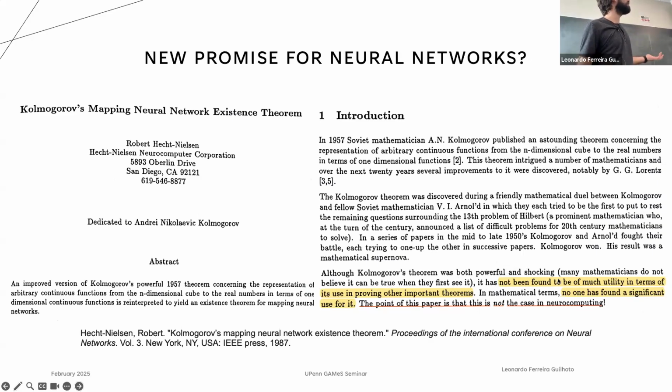It has not been found to be of much utility in proving other important theorems. In mathematical terms, no one has found a significant use for it. And then it goes on, the point of this paper is that this is not the case in neurocomputing, which is how they talked about neural networks back in the 80s.